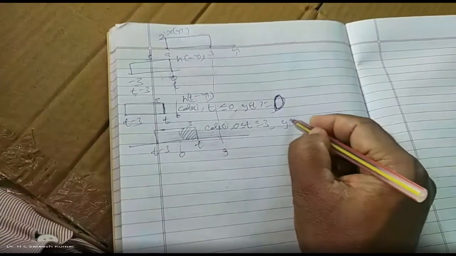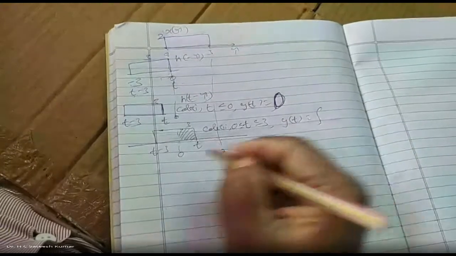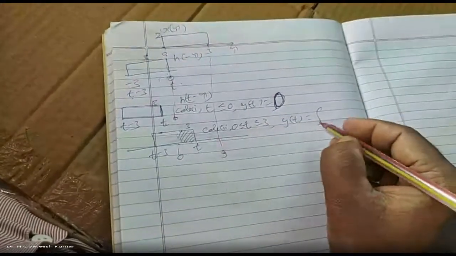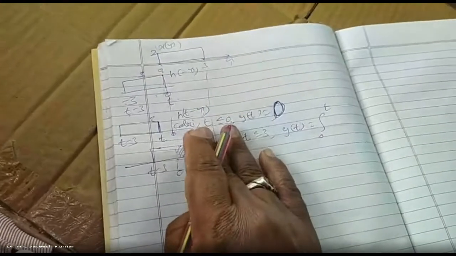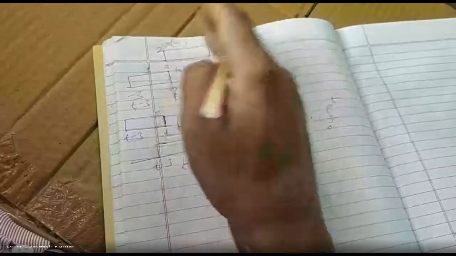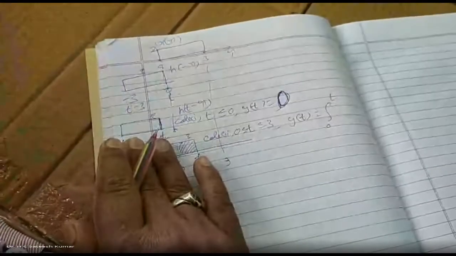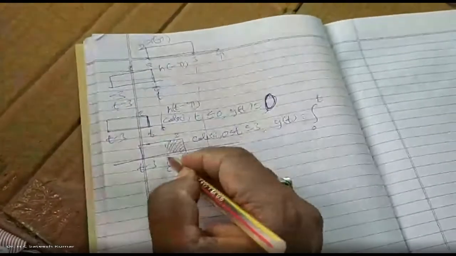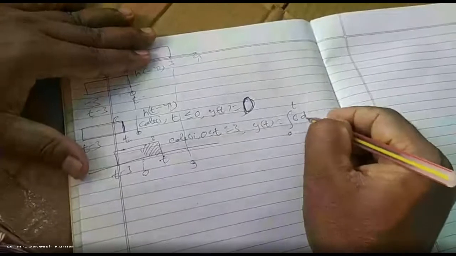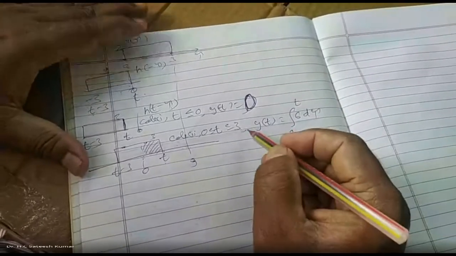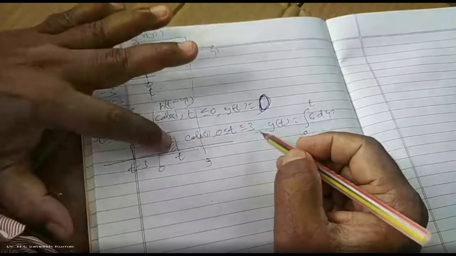y of t is equal to integration from where to where? 0 to t. Integration from 0 to t, 3 into 2. Multiply these two. This is 0 into 0, 0 into 2 is 0, 0 into 3 is 0. So therefore, only this much is there. So 3 into 2, 6, d tau. x of tau is 2, h of t minus tau is 3.